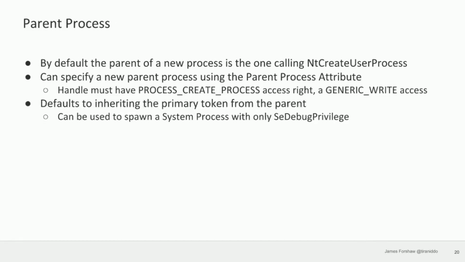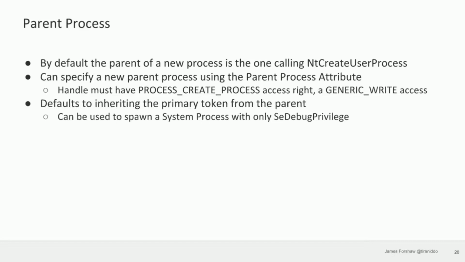Now, somewhat different from other operating systems, you can say explicitly what process is your parent. This was added to support user account control, UAC, because when you created a privileged process, you want it to run underneath the process which asked for it to be created. But of course, it's a separate service which is doing it, so in theory, it would be parented by that service, and you may not want that to happen.